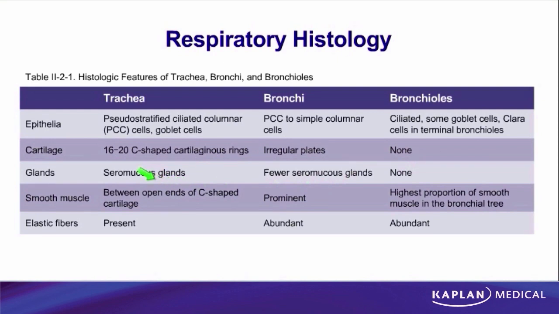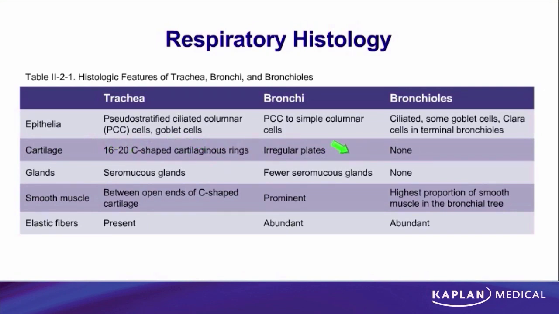What about rigidity versus elasticity? We want the upper end of the airway to be rigid so that during expiration the lumen doesn't collapse, so we're going to give it rigidity by putting cartilaginous rings in it.